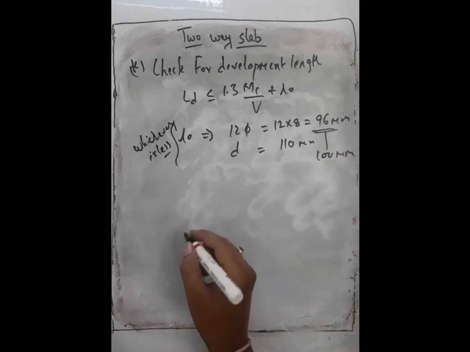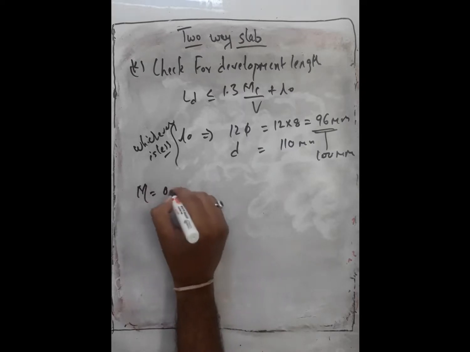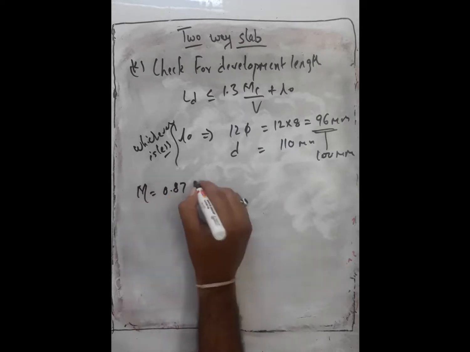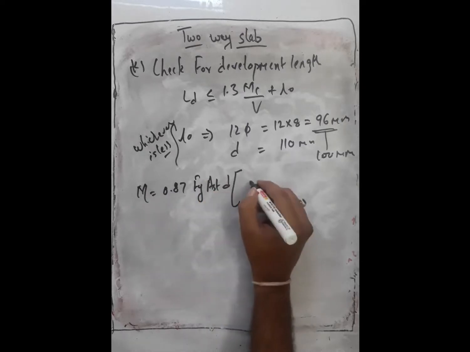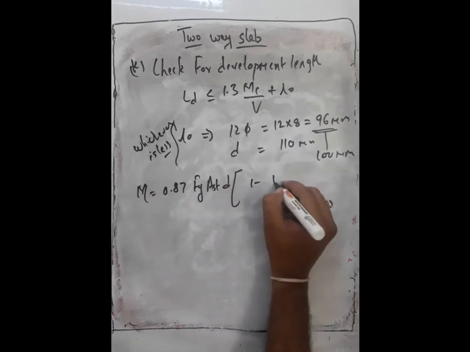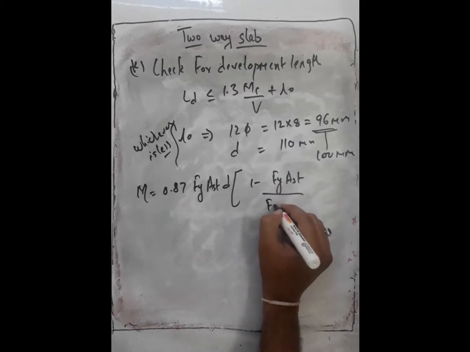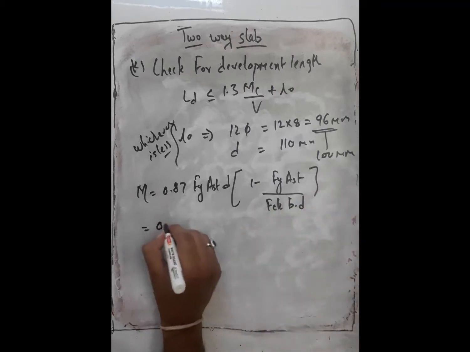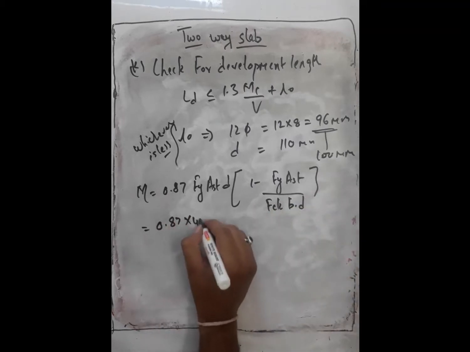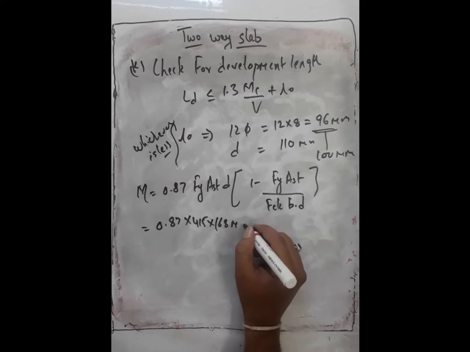Okay, so let's find M. We have the formula for that, 0.87 fy AST D bracket 1 minus fy AST divided by fck b d. Put values in this equation. So 415 into, we have taken 168 mm square.